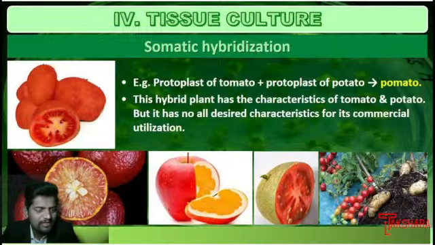Half of the part will be tomato-like, and the other half will be completely made up of the potato. So we have to call that a tomato. And this hybrid plant has the characteristics of the tomato with respect to the potato.